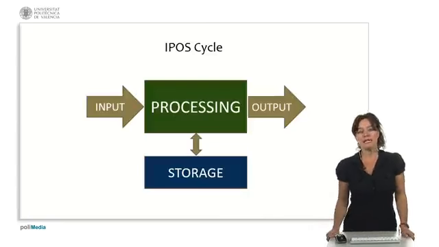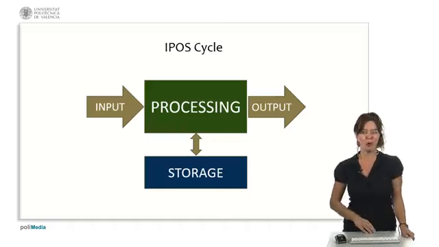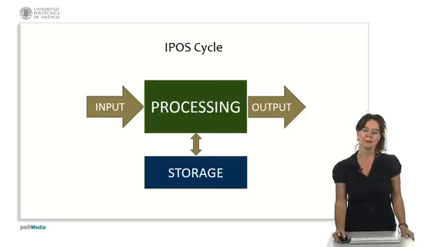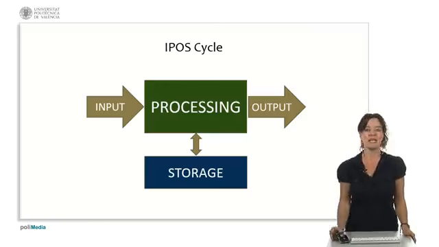All computers basically work following an information processing cycle, known as IPOS, which stands for Input, Processing, Output, Storage, as we can see here on this slide. First, what the computer needs is data to be entered into the system. This is the input.